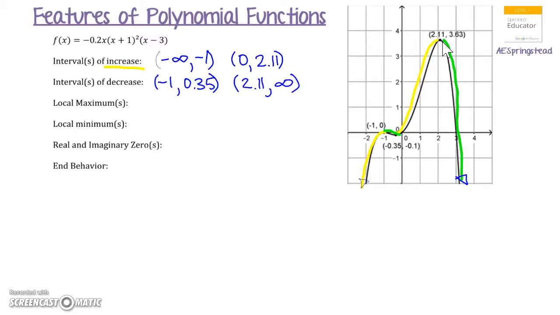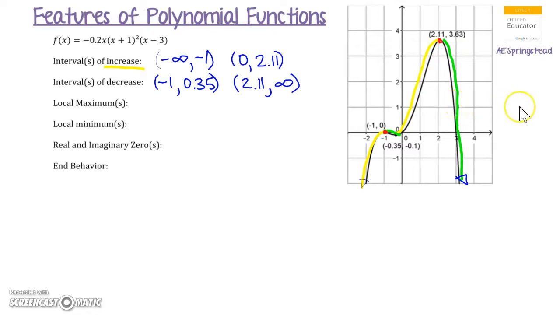The next question asks for the local maximum and local minimum. The maximum on the graph, or local maximum, is where it reaches a point and then goes back down. Here's another maximum where it's going up and then it goes back down. So it's going up, reaches the local maximum, and then goes down.